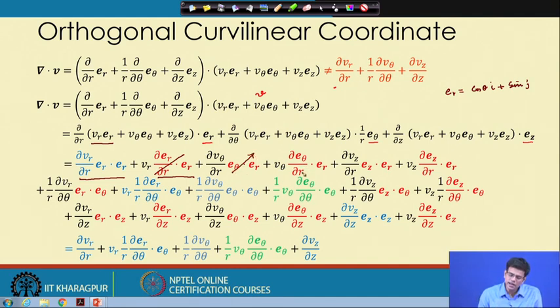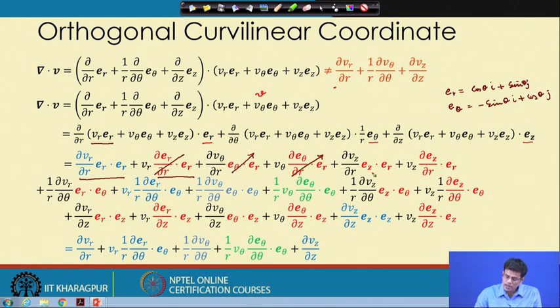Similarly, del E theta del r. E theta is also not a function of r, because we know E theta is essentially minus sin theta i plus cos theta j. Now if we see E theta is not a function of r, so this quantity will be 0. So this cancels.